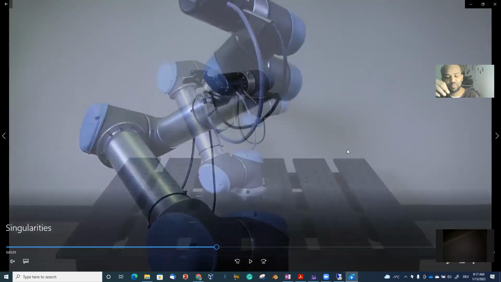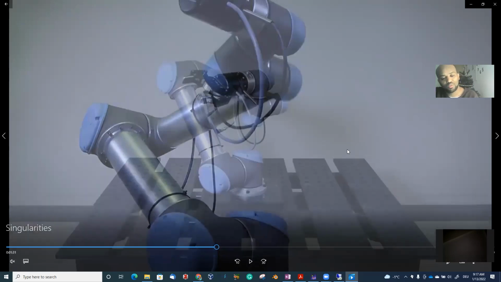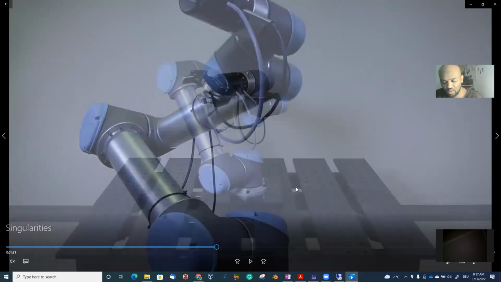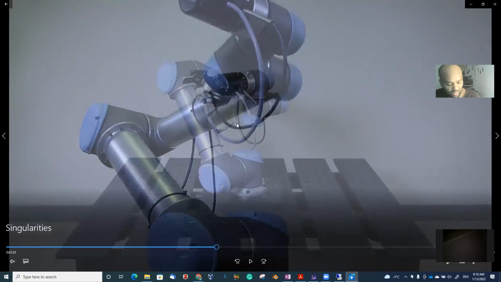So you have to be sure that the motion of not only the gripper, but also the motion of the other body parts, the other links, will not make any collision with the system at all. So that's also a very important point.